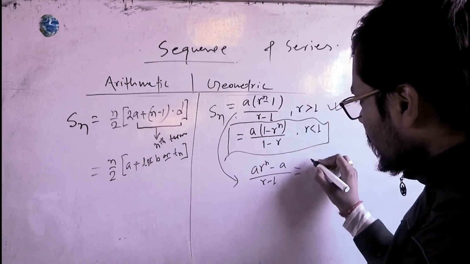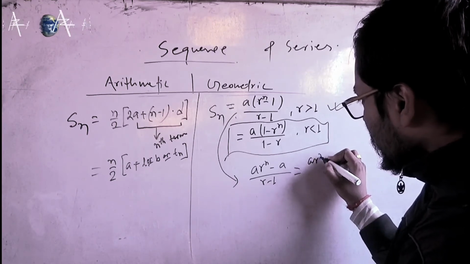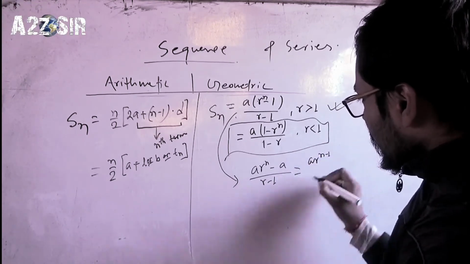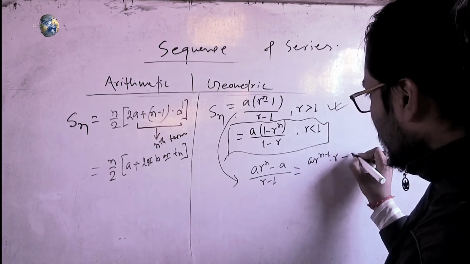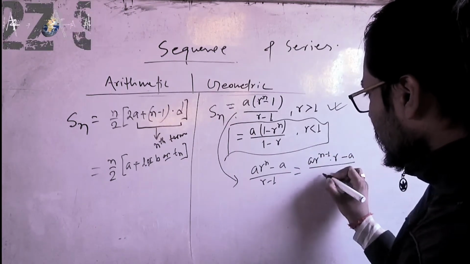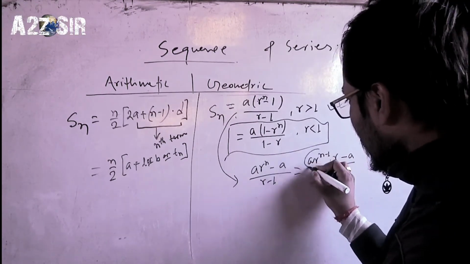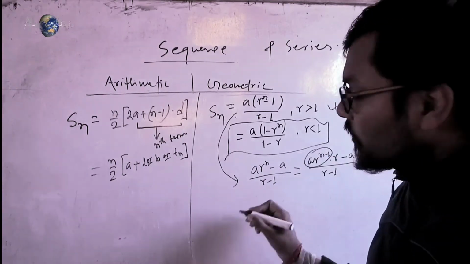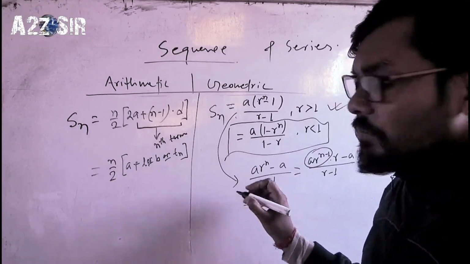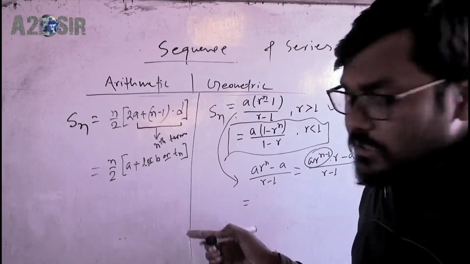So calculate this one: a(r^n − 1)/(r − 1), and this ar^(n−1) becomes the last term of the previous, which we discussed already.